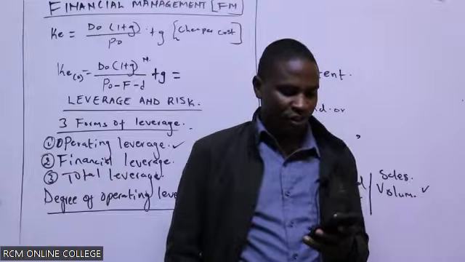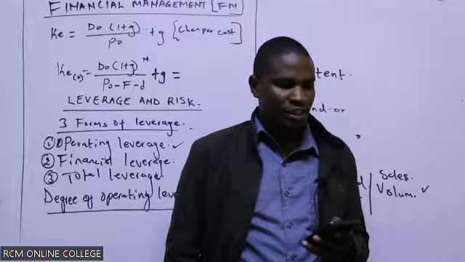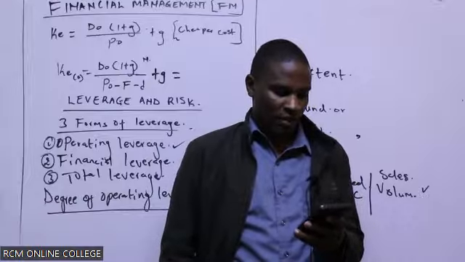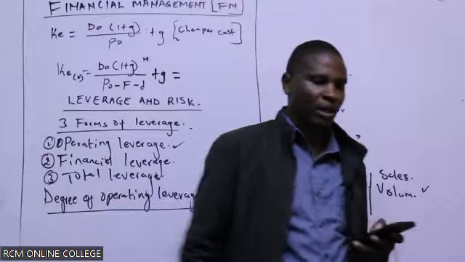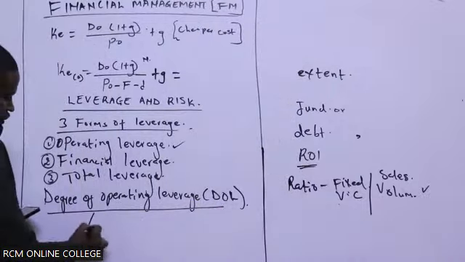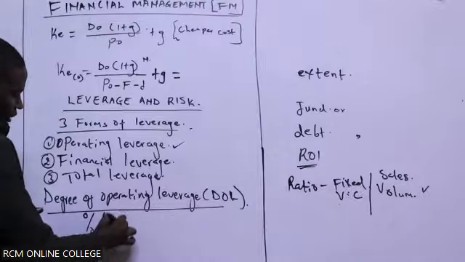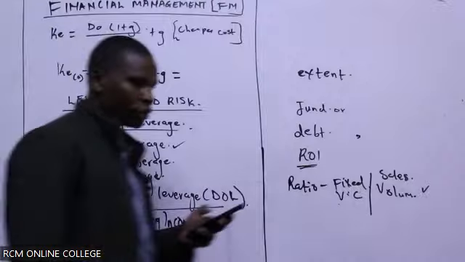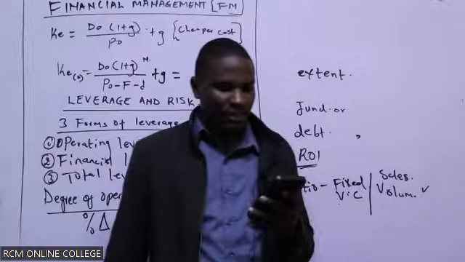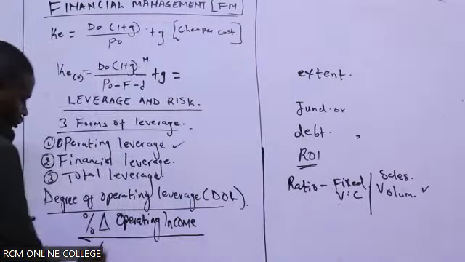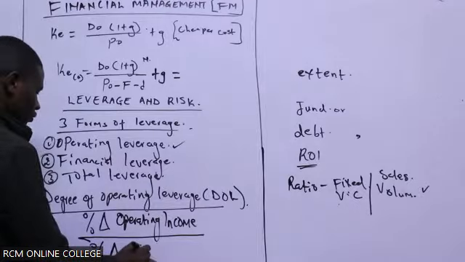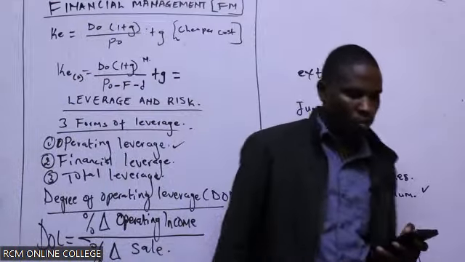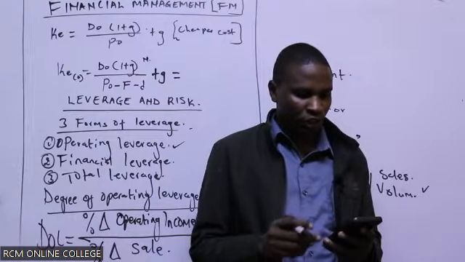You say that the degree of operating leverage is calculated as the percentage change in operating income, divided by the percentage change in sales. That will be DOL.